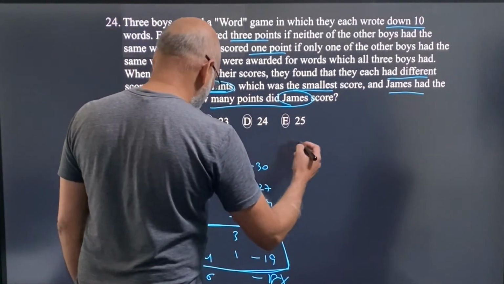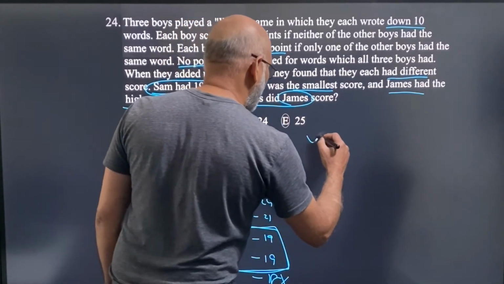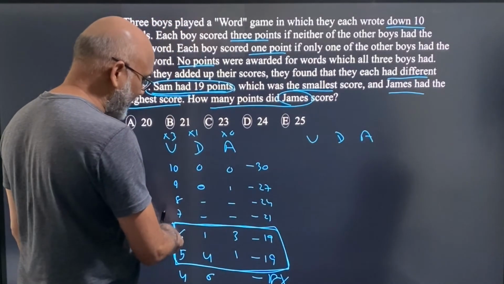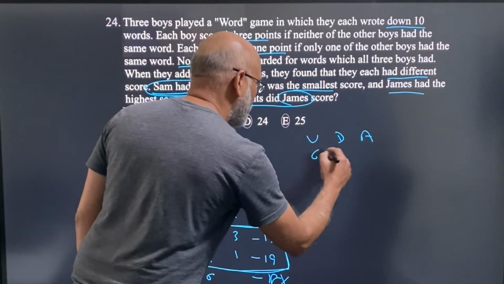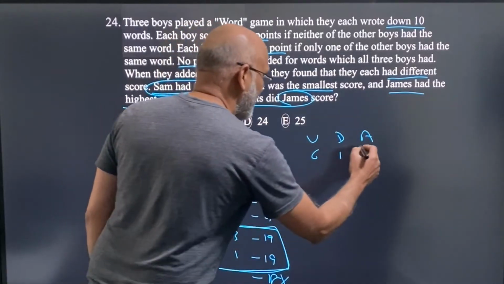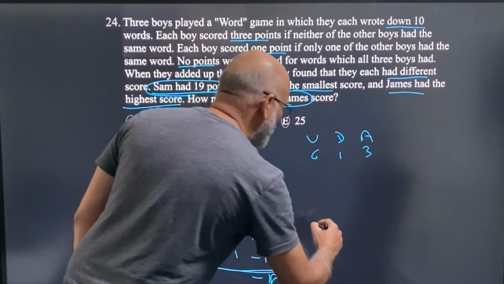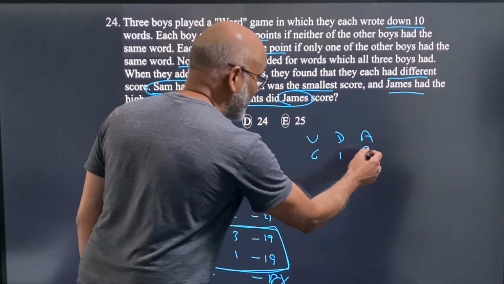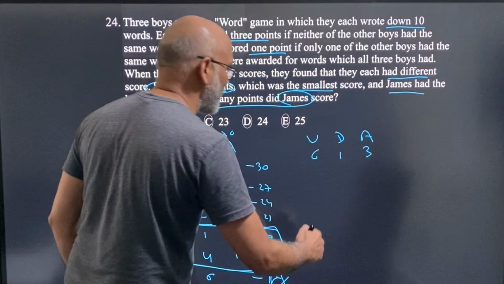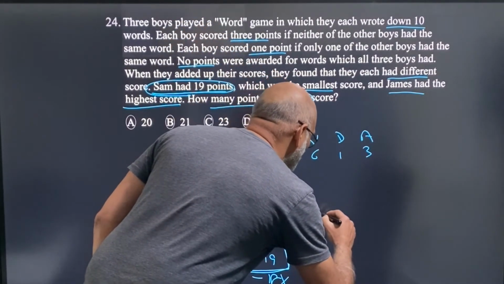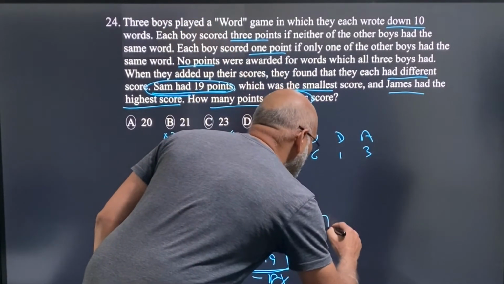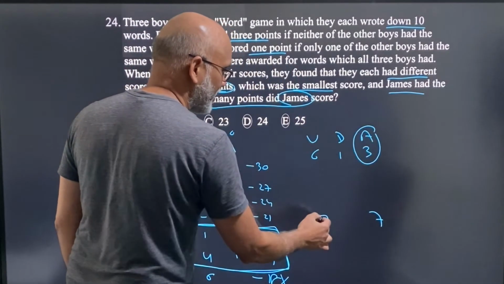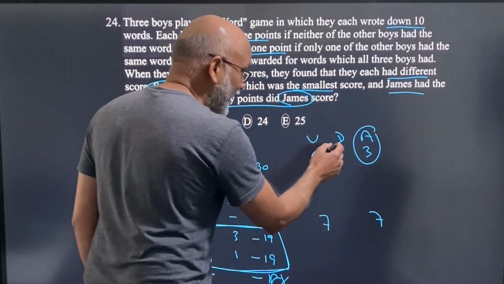So Sam, let's say I'll write U for unique, D for duplicate, A for all had that. Let's say he got 6 unique, 1 duplicate, and 3 that all had. So the other two persons, if he had 6 unique, everybody had 3, right? 3 was the same for everybody. So the maximum the other two persons could have gotten unique is 7 and 7, right? Because everybody had 3. So in this case, he had duplicate with 1.